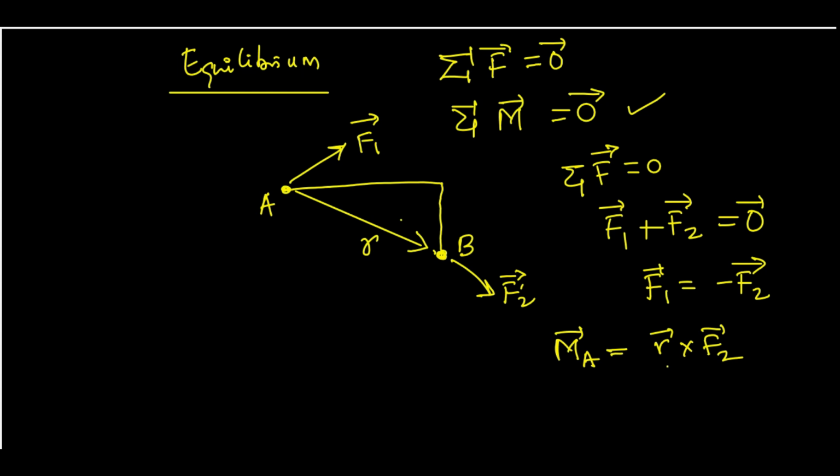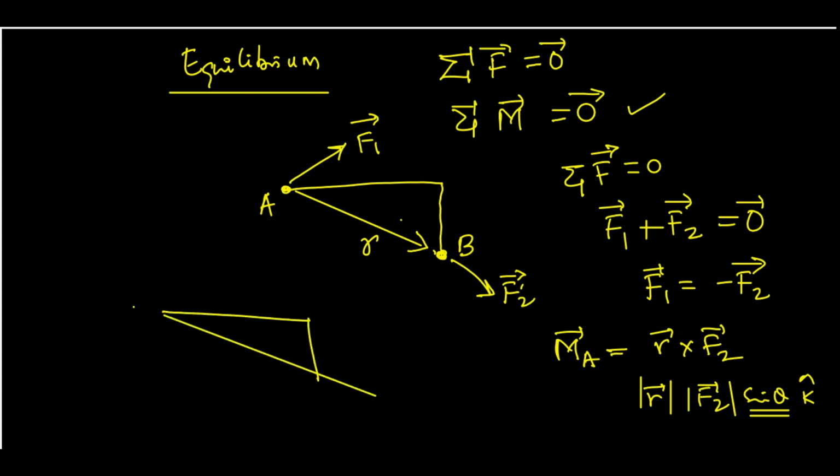So what is remaining? The angle between the vectors R and F should be 0. Only then R F2 sin theta is 0, meaning both force vectors should be along the line joining A and B. So these forces should be like this.